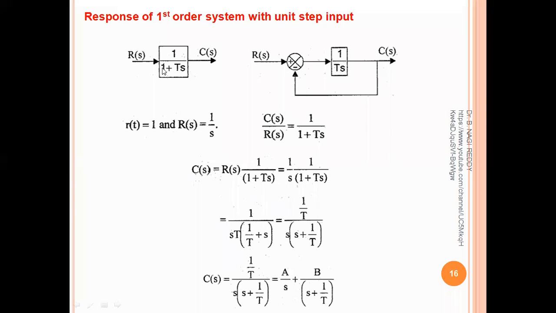Okay, if you want to represent the same first order system in closed loop form, then you can represent it like this. If you get the transfer function for this closed loop form also, we will get the same, which is 1 by 1 plus ts, where this t is the time constant.